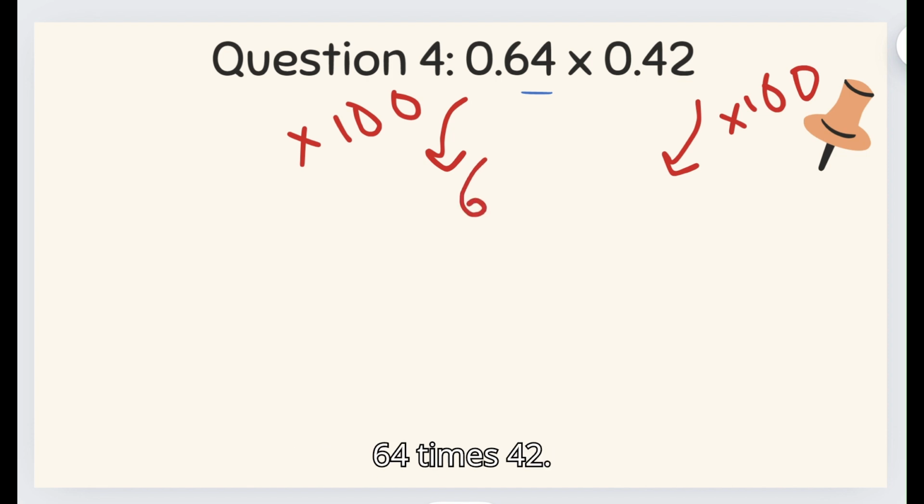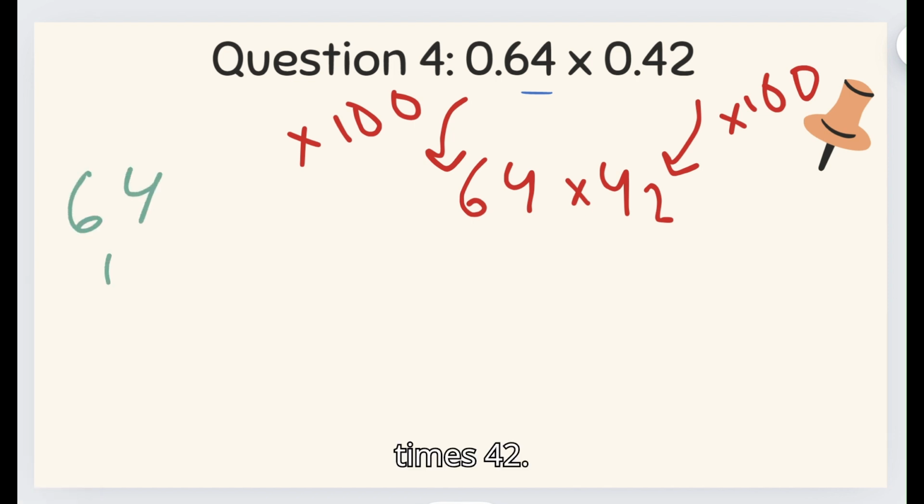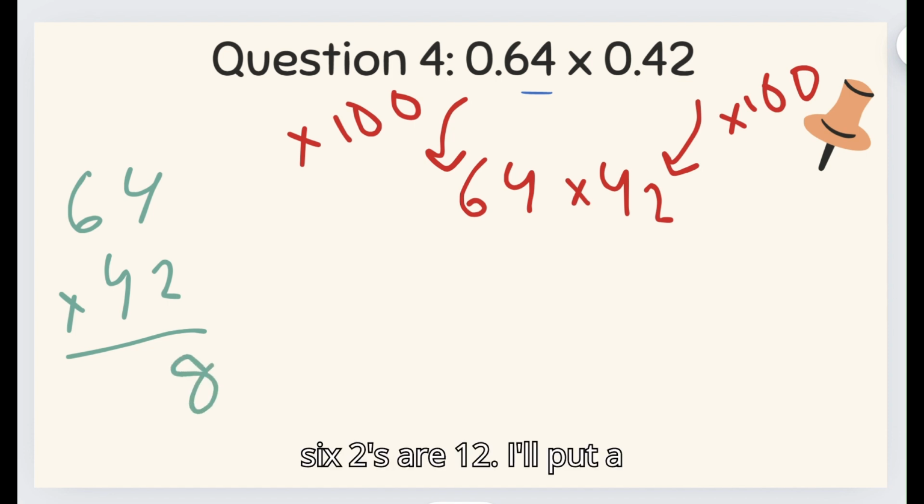So this will become 64 times 42. Now I'm going to solve 64 times 42. 4 2s are 8.